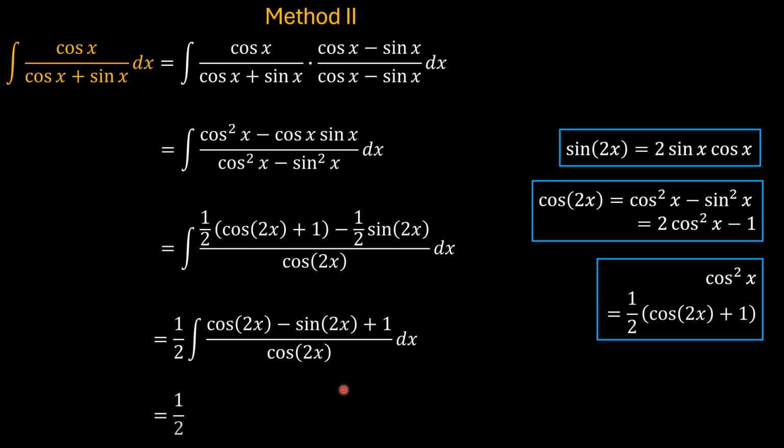Okay, now let's continue. We have half the integral of cosine 2x minus sine 2x plus 1 over cosine 2x.